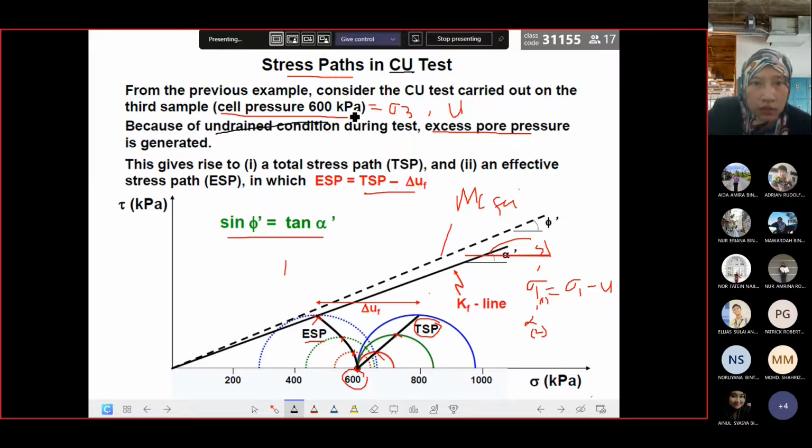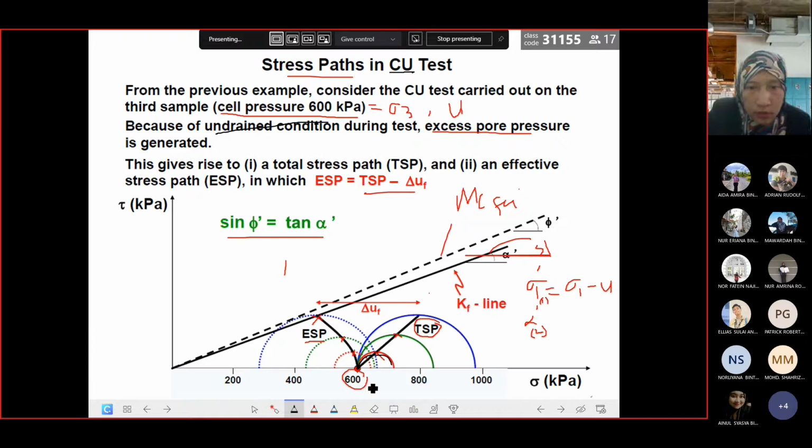So the things you're going to see that the rises from total stress path to the effective stress path, yang mana it can be related by one equation, ESP is equal to TSP minus delta UF. So by graphical, in the Mohr circle, let's say this is what you have for the first circle, 600.